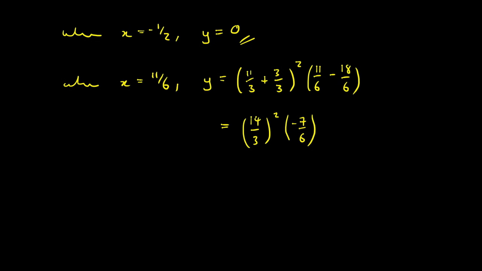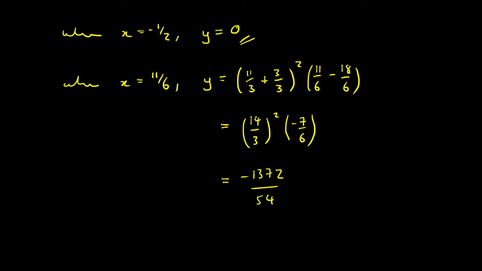So now I have just got to expand all that, and I'm going to use a calculator for that. Sorry to disappoint you. 14 squared times by 7. So on the top I get negative 1372, and I've got 3 squared on the bottom, which is 9, times by 6 is 54, and that guy should simplify.